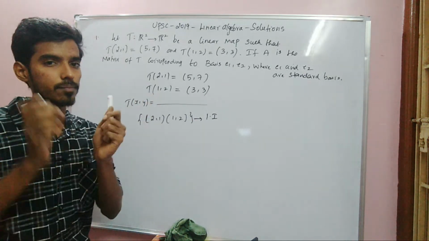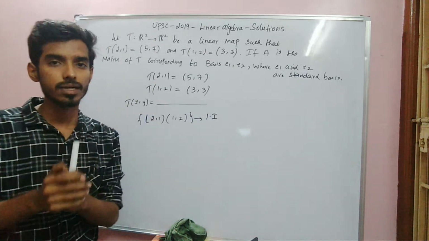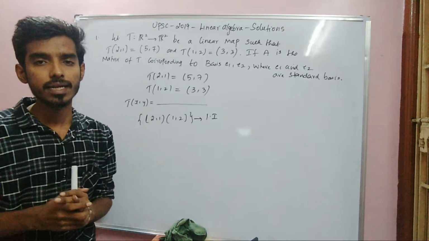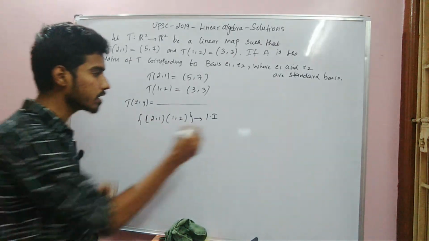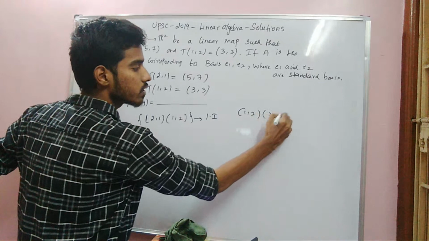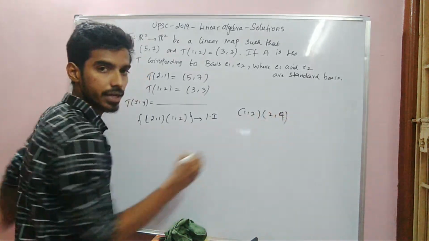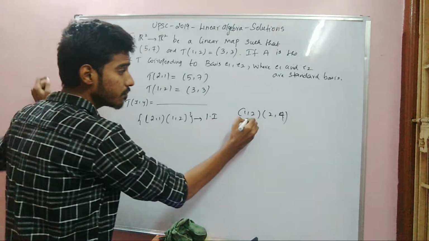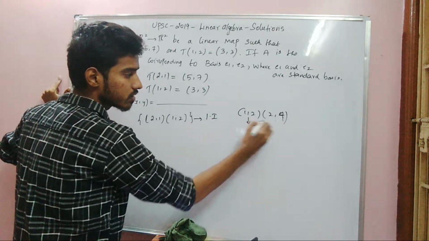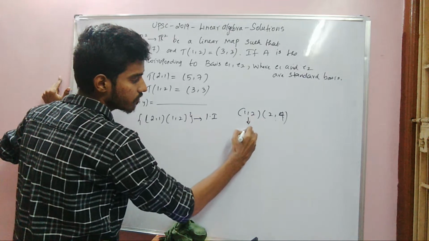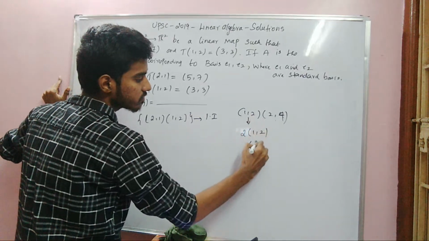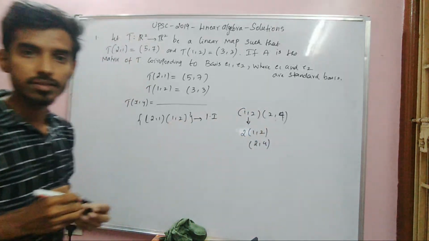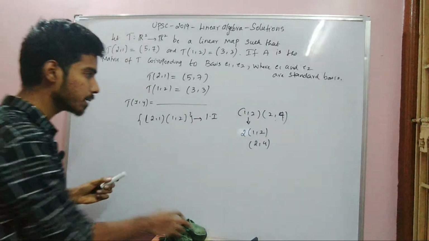For example, if I take (1, 2) and (2, 4), I can get one vector from the other by multiplying by 2, so they are linearly dependent.